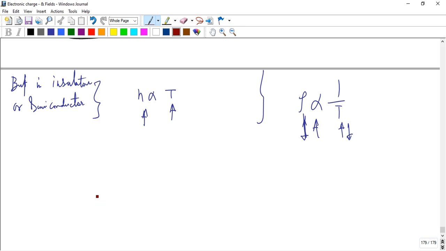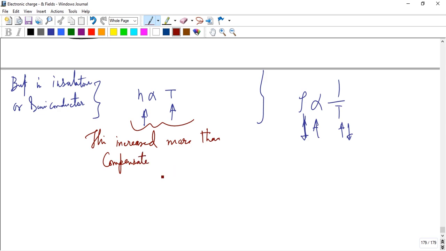Here the key point is this increase more than compensates any decrease in tau; such materials show that property.